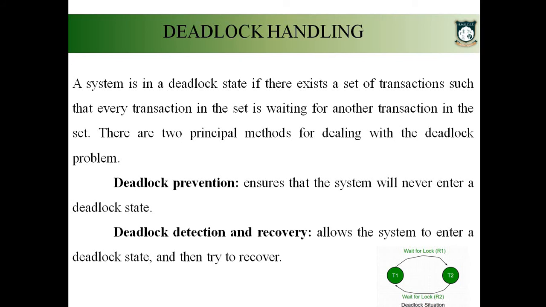The next approach is deadlock detection and recovery. In deadlock detection and recovery, we will be allowing the system to enter the deadlock state, and we will be recovering from the deadlock. So it is not like deadlock prevention.